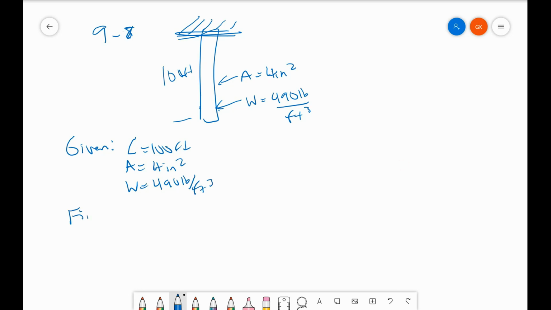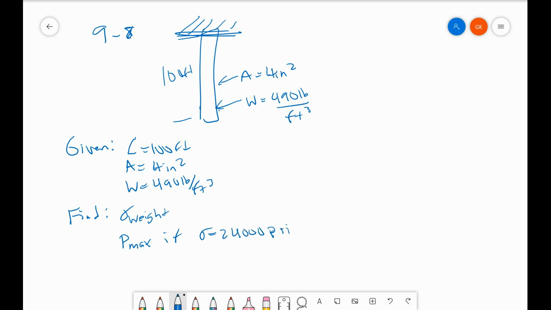We need the stress just due to the weight, and also the max load it can hold if the stress is equal to 24,000 psi max.